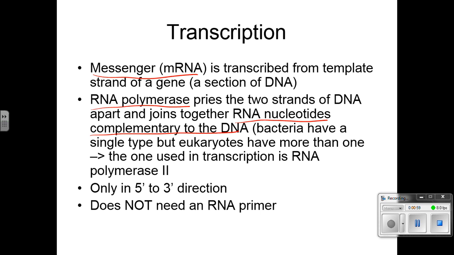This is actually RNA polymerase 2 because eukaryotic cells have more than one RNA polymerase. It's only going to happen in the 5' to 3' direction, which is important in how it reads the amino acid sequence. If it didn't read 5' to 3', it would be like reading a sentence backwards. We don't need an RNA primer because at this point we're not inserting DNA nucleotides. It's always going to be RNA.